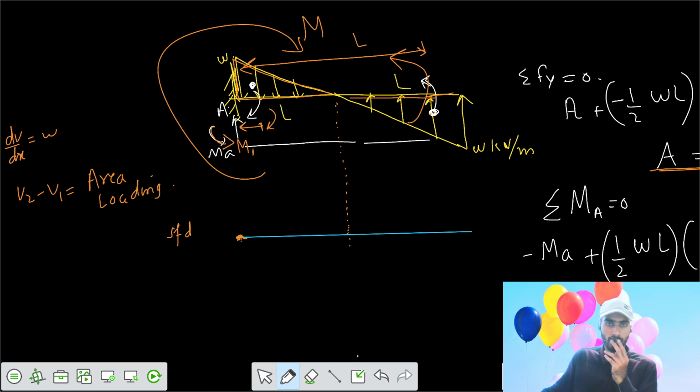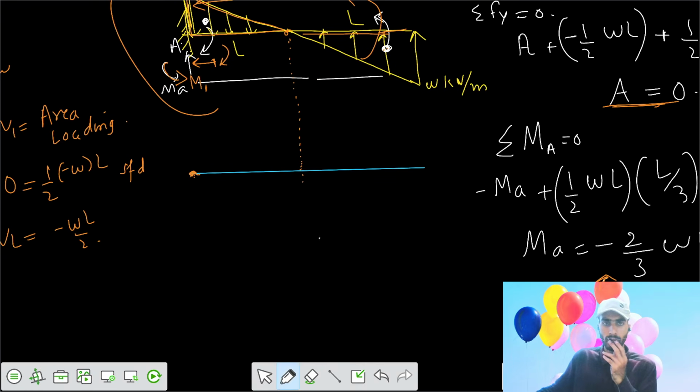So your shear force at L minus shear force 1, which was 0 at the support, equals the area of that loading diagram. Half of the load is acting downwards, minus WL by 2. That means shear force equals minus WL by 2. So downwards, it's minus WL by 2.